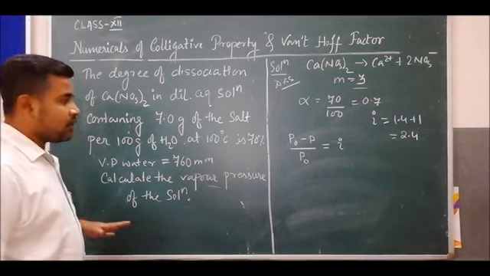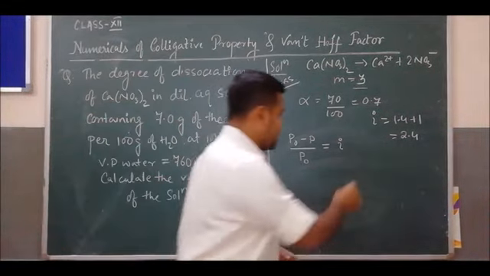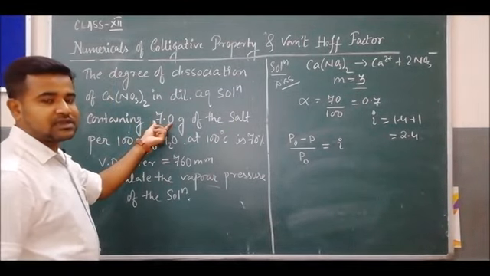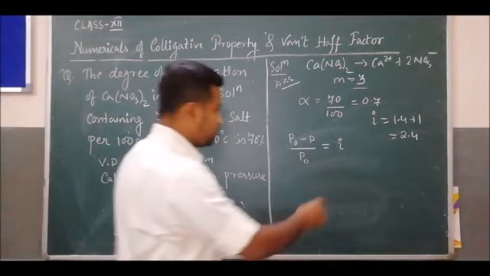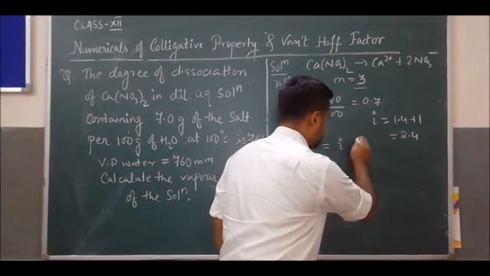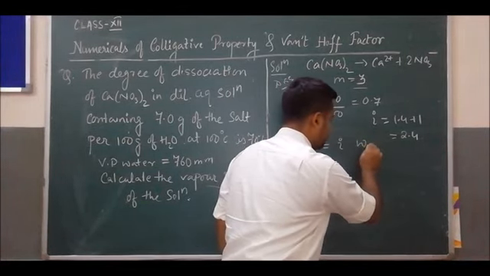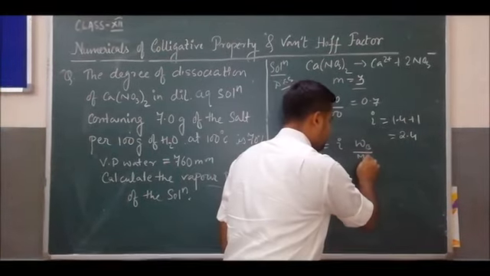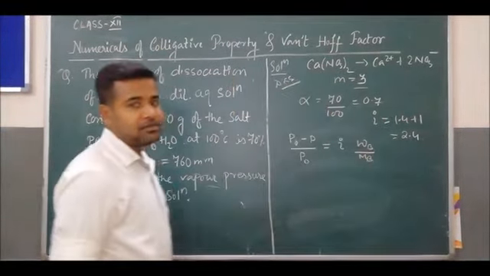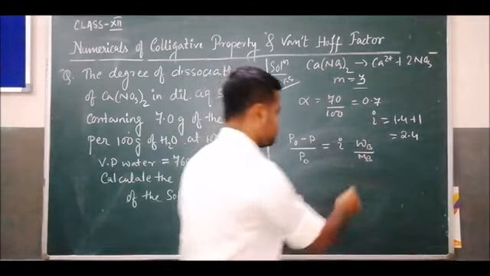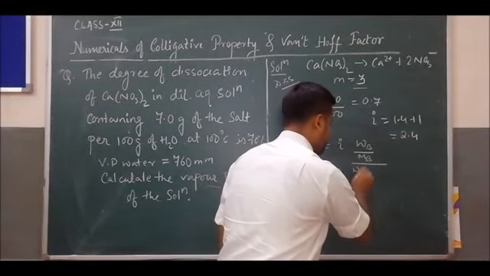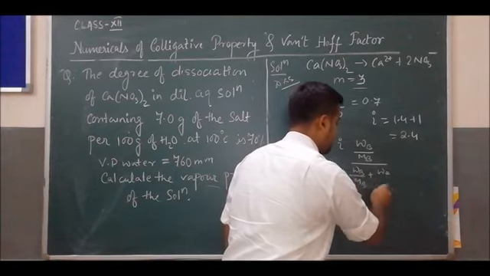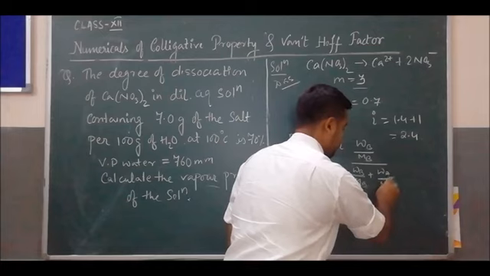So WB is 7 gram. First of all we will write the formula, that is (WB by MB) by (WB by MB plus WA by MA).